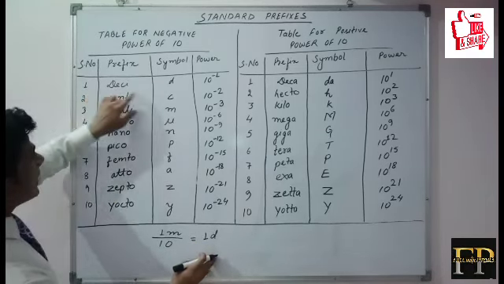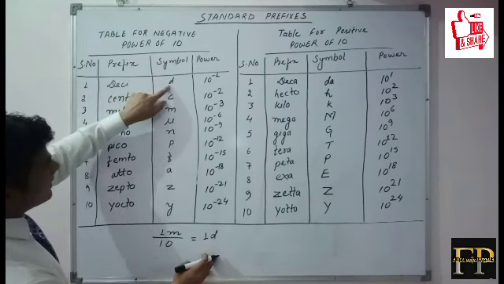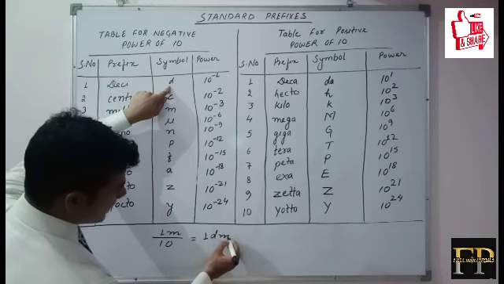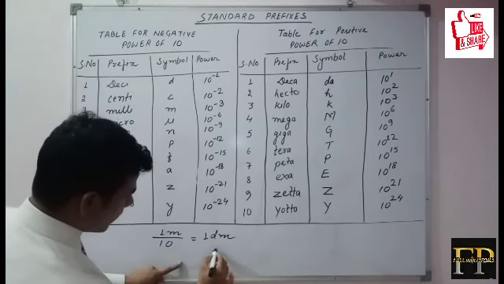It means deci, and the symbol for deci is small d, so we will write 1 decimeter, and in full form we can write decimeter.